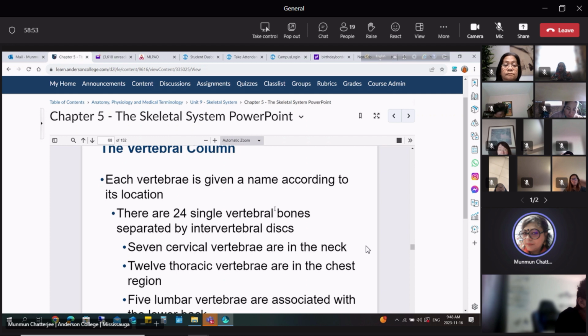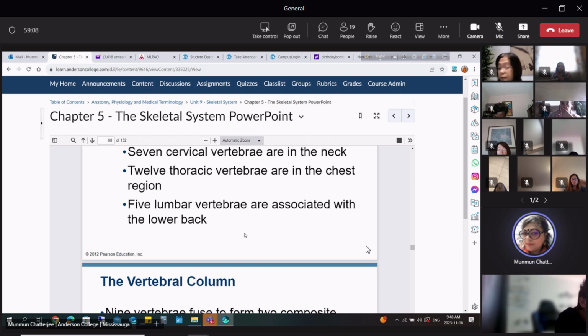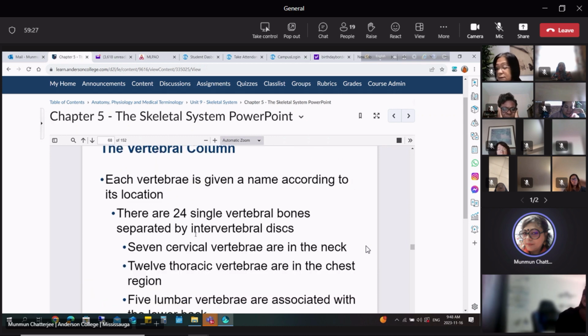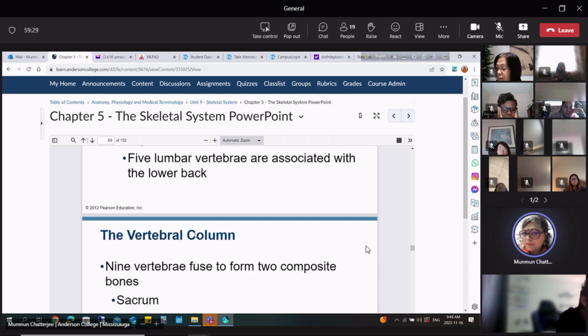We have 12 thoracic vertebrae, designated T1 to T12, in the thoracic or chest region. Then we have 5 lumbar vertebrae in the lower portion, named L1 to L5, in the lower back. Cervical vertebrae are located near the neck.